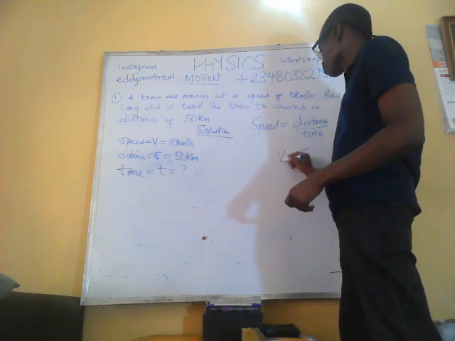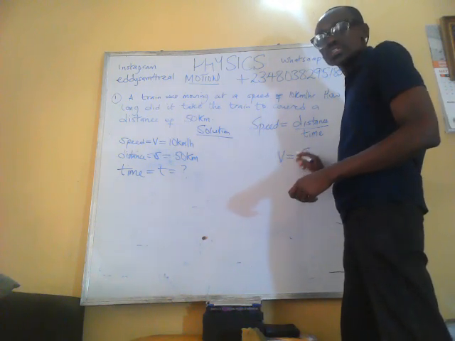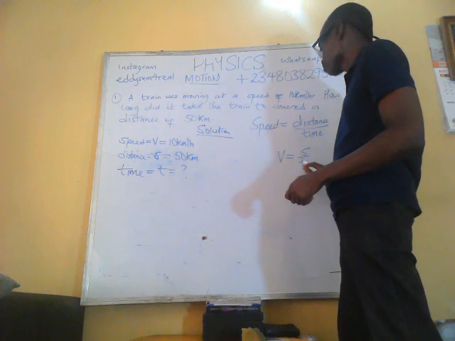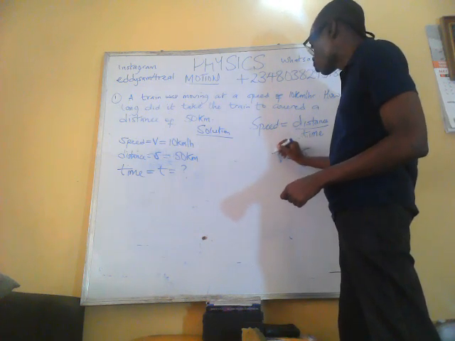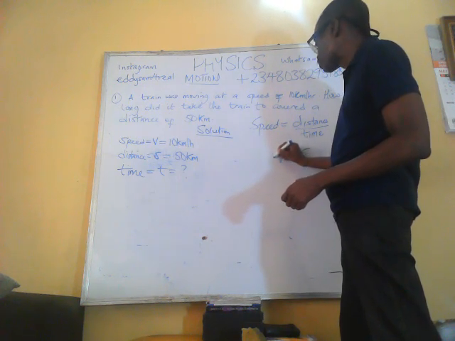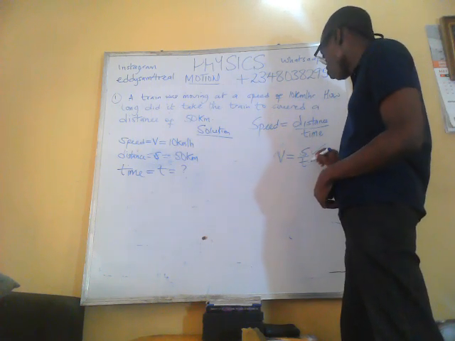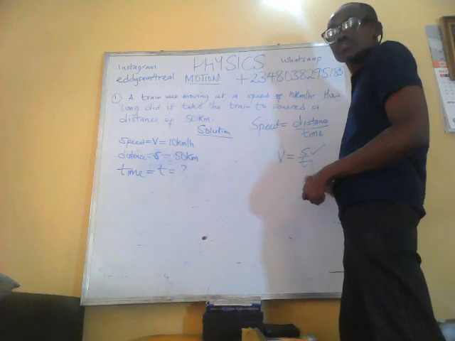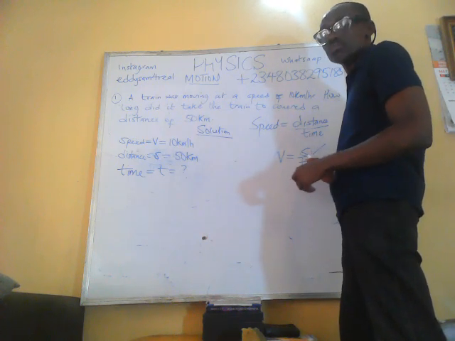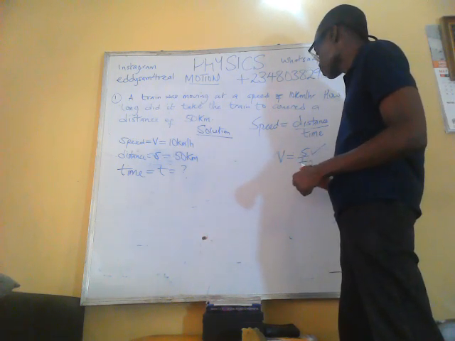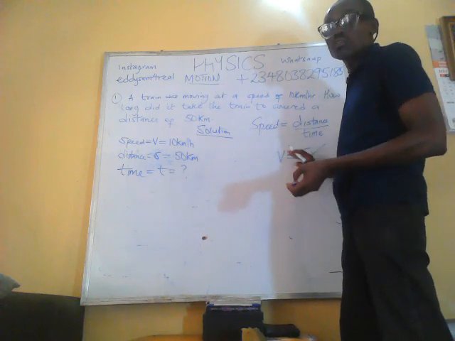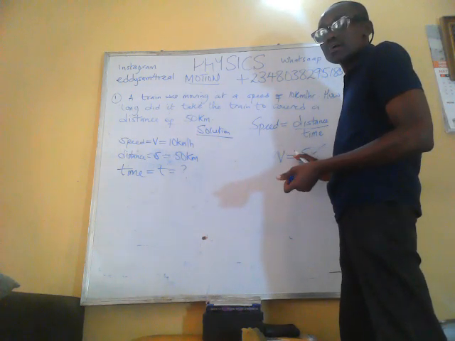V is equal to S over T. We have the speed V, we have the distance S, but we are looking for the time T. So we have to make T the subject of this formula. We can do it directly, or we substitute values and then make T the subject.